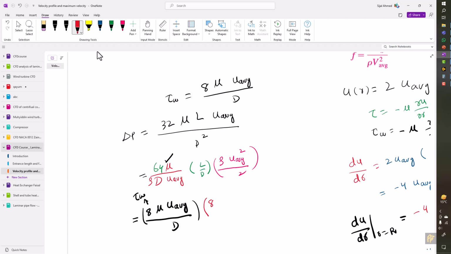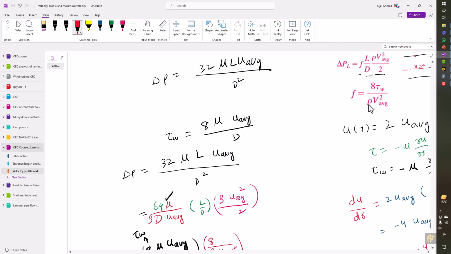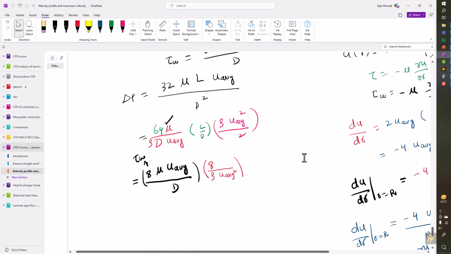So in numerator we have only 8, and in the denominator we are going to have the density, but diameter already is inside, so we have the 1 here, and there was a U average, but U average is now in the numerator, so this will be the U average square.